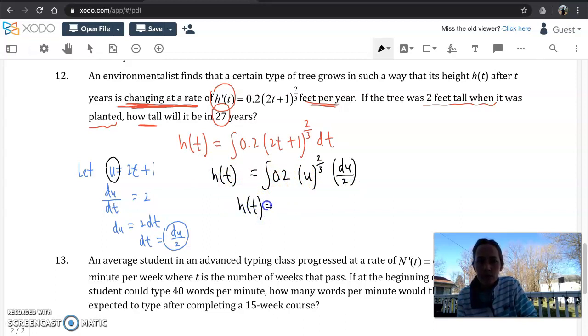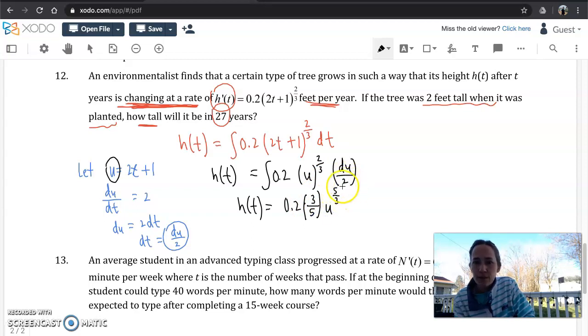H of t equals, we'll say 0.2, 2/3 plus 1 is up at 5/3, so divided by 5/3 or times 3/5, u to the 5/3. And I forgot about that 1/2. Usually I swing those out to the front from the get-go. I will just put times 1/2 for that 2 that was at the bottom. And then a plus c will go in there because we're taking an indefinite integral.